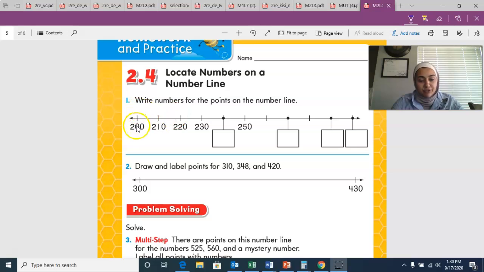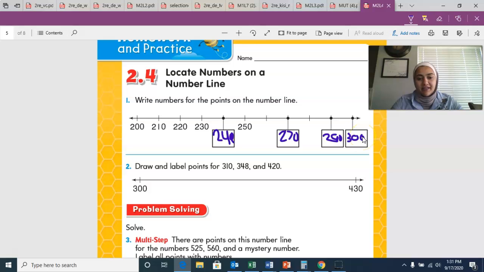Very good. 200, 210, 220, 230, 240, there we go, 250, 260, 270, 280, 290, 300.